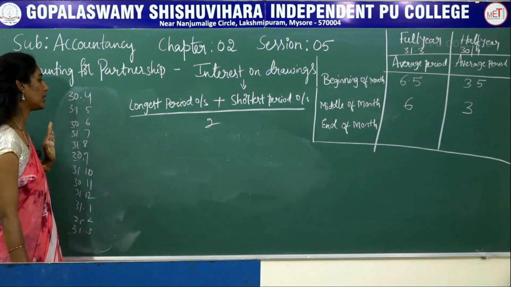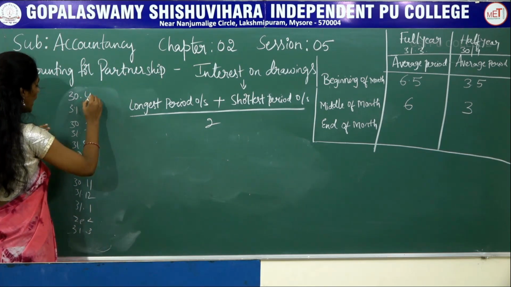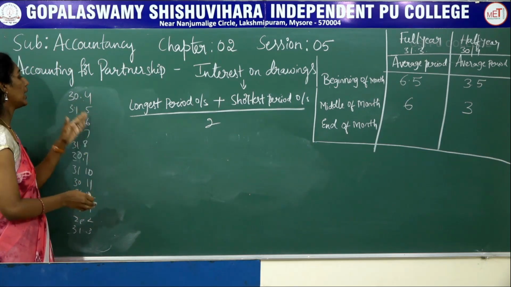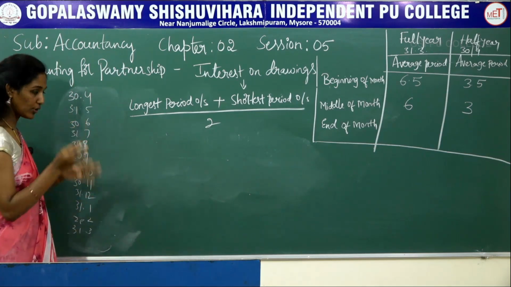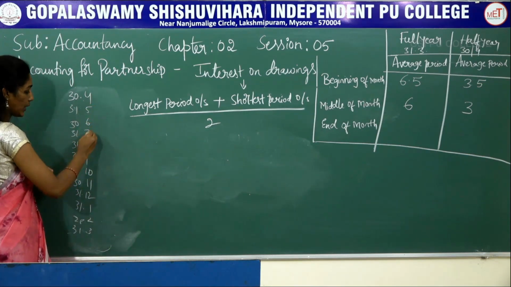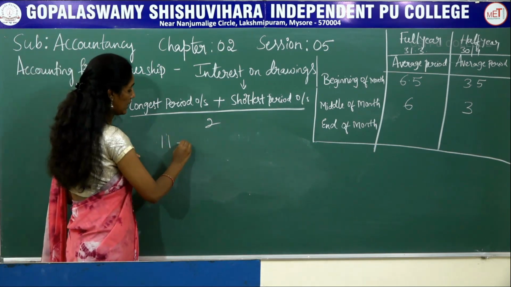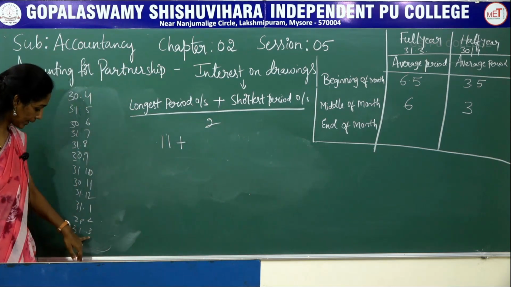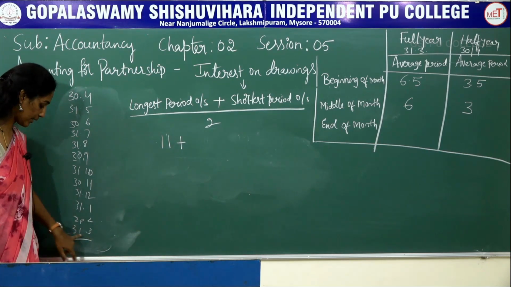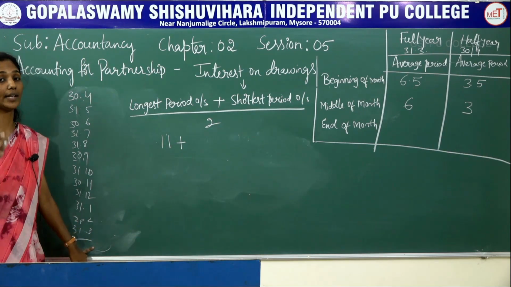So here the longest period outstanding involved in this method is, as usual, you should exclude the April month, because your partner has withdrawn on the last day of the month, then start from the next month. 1, 2, 3, 4, 5, 6, 7, 8, 9, 10, 11 months, plus at the end the shortest period outstanding, then at the end 31st March, here he has withdrawn on 31st March, last day of March.